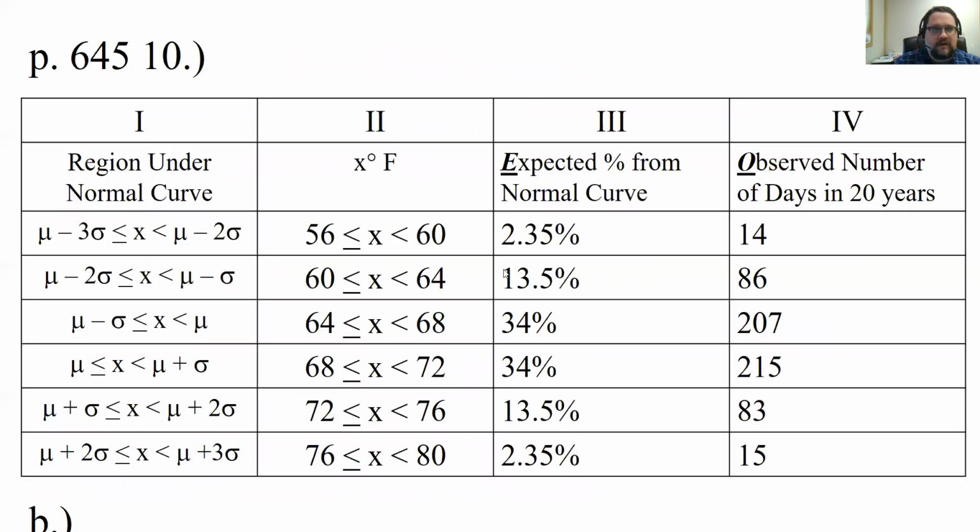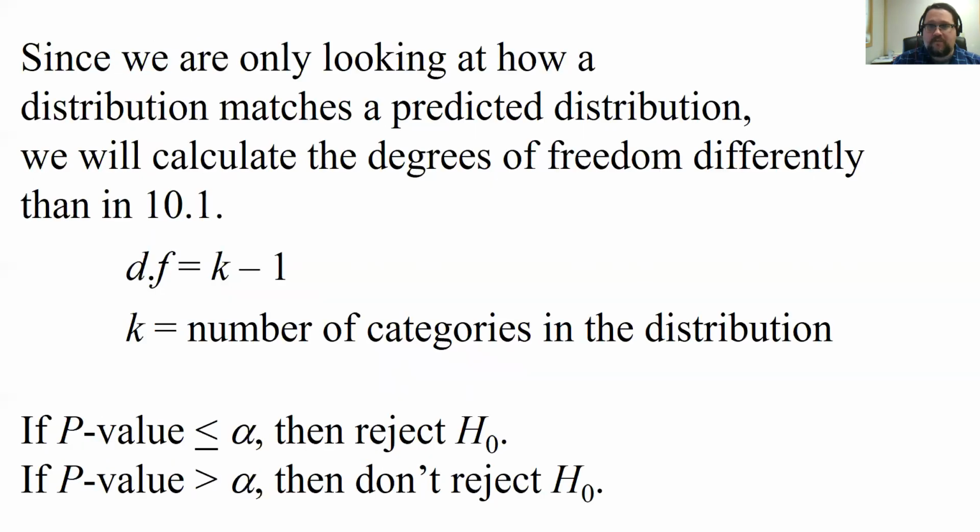All right, so let's look at 645. Oh, and before I move on, I should mention one of the things they talk about: why are we doing a right tail test here with the chi-squared? It's because we're trying to figure out how different they are, and the bigger the difference, whether it's below or above the predicted value, the more likely these are different distributions, and we would reject the null hypothesis.